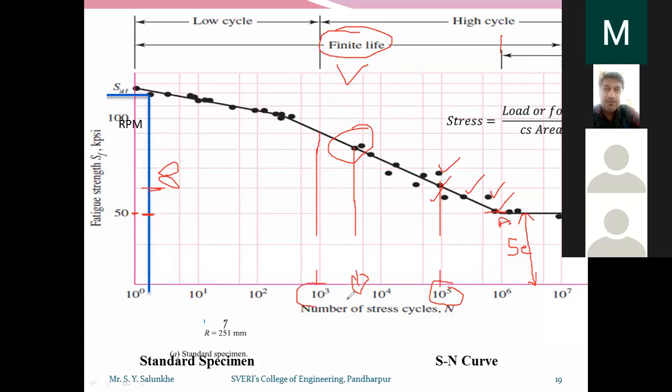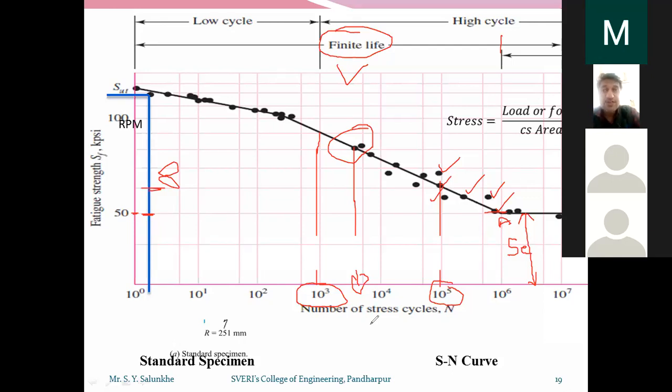You can tell the customer that it is going to fail after 10 to the power of 10 cycles. You can convert it using some relation into kilometers also, or the number of hours the engine can be used. After that you have to go for routine maintenance and replace that component. That's why every automobile company gives you a warranty period, and after that they provide some free servicings.